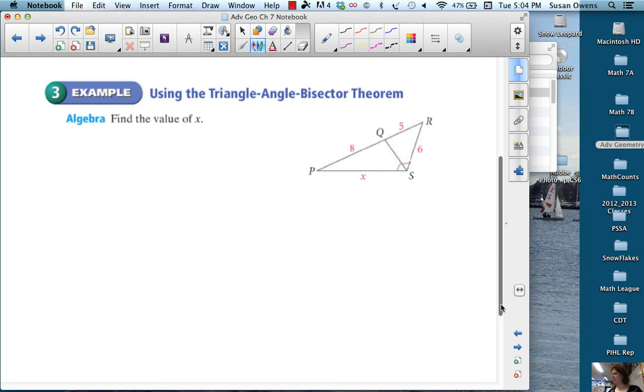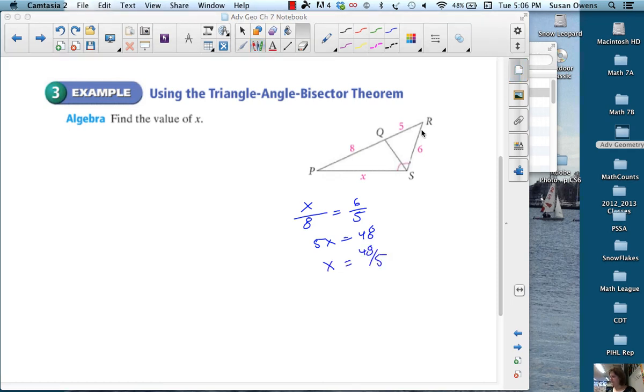You might get confused, but we have an angle, it's bisected, so this is the triangle angle bisector theorem, which means that we can say x over 8 equals 6 over 5. Cross multiply, 5x equals 48, and so x equals 48 over 5. Or we can also write that as 9 3/5.